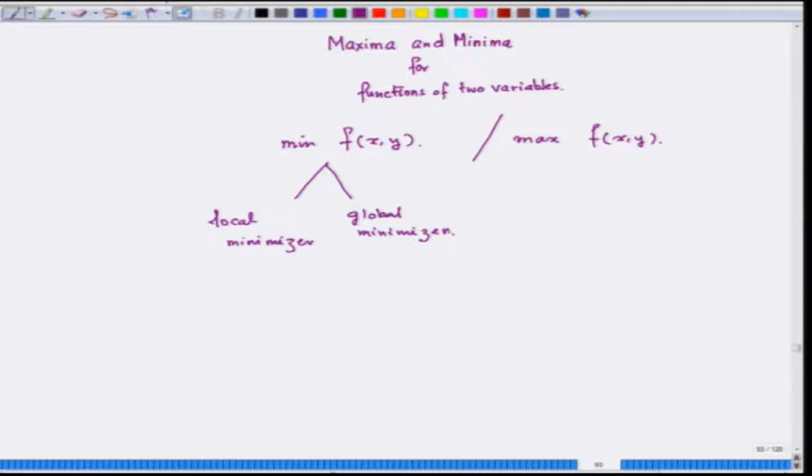So, what do you mean by a local minimizer? For example, if you have a function like this, say it is not so easy to draw a 3-dimensional graph here, something like this. So, think that this is a 3-dimensional contour and this is the xyz axis.